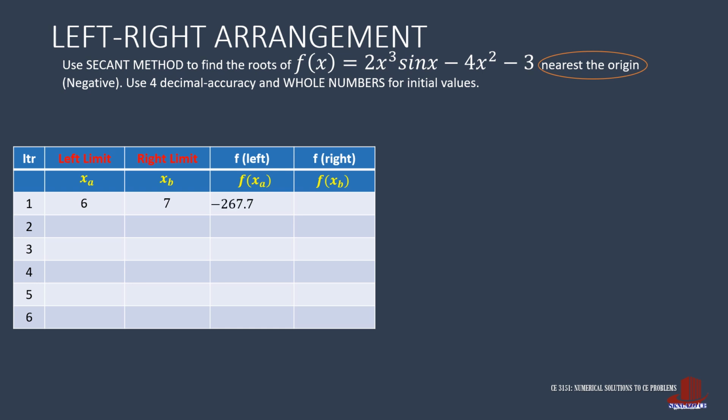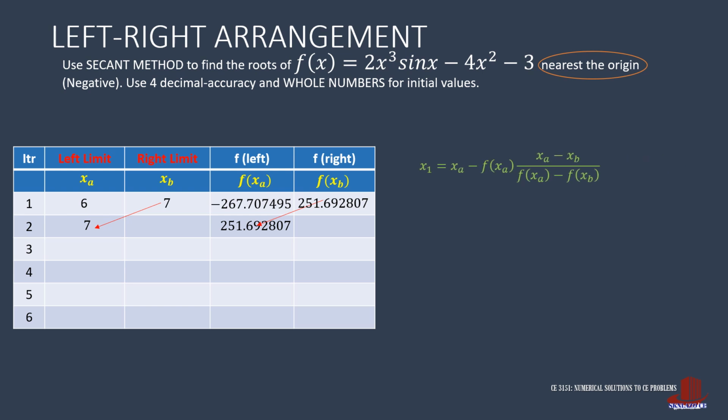The function of xa is also solved earlier as negative 267.707495, while that of xb is 251.692807. After the initial row, we can iterate to find the root. Slide xb into xa, and also f of xb into f of xa.